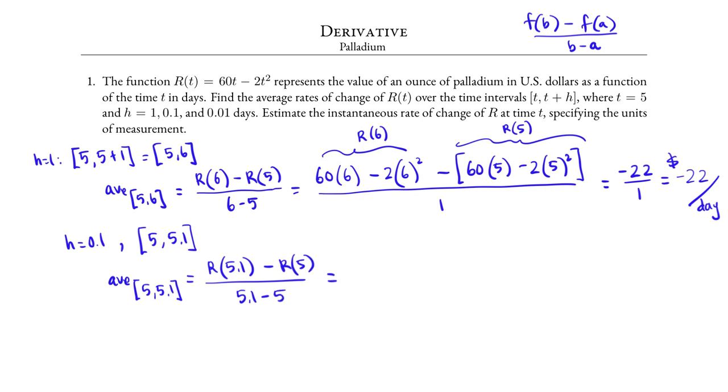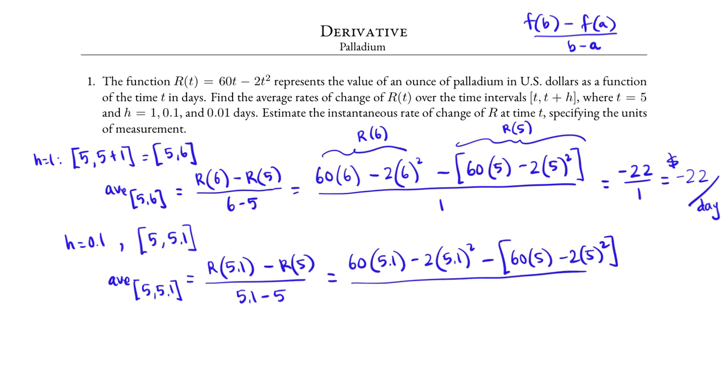The function is 60t minus 2t squared, so 60 times 5.1 minus 2 times 5.1 squared, minus 60 times 5 minus 2 times 5 squared. The denominator is 5.1 minus 5, which is now 0.1.